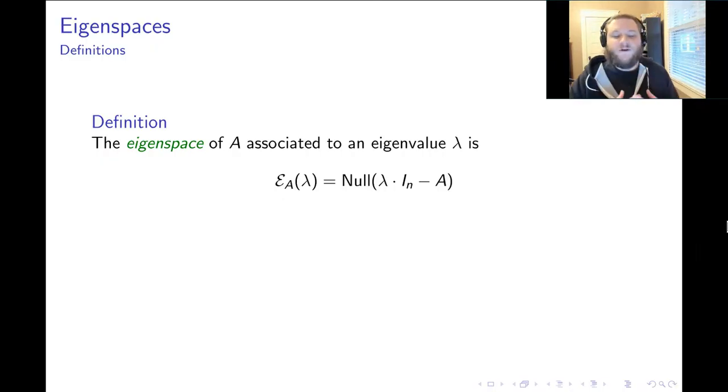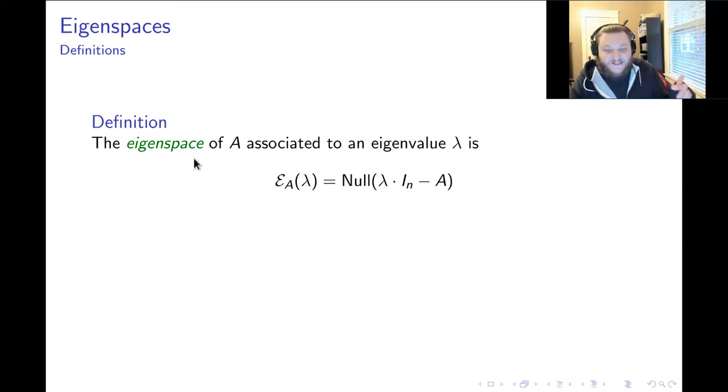So once we understand this concept of the null space of a matrix, we can then proceed to define what's called the eigenspace of a matrix corresponding to a certain eigenvalue. So remember, we say that a scalar lambda is an eigenvalue if the associated characteristic matrix is singular. Well, let's say that we're working with an eigenvalue lambda.